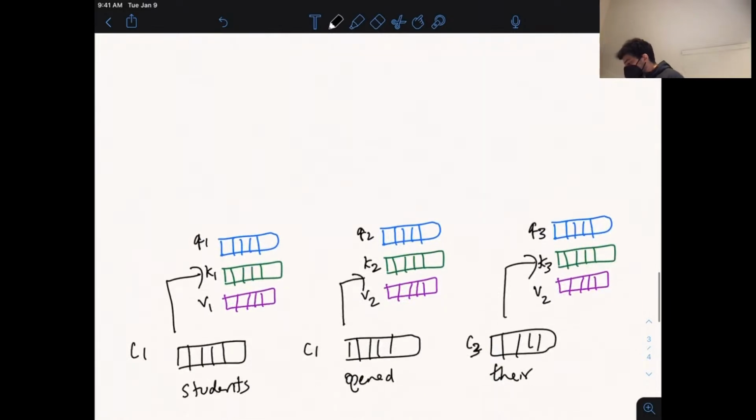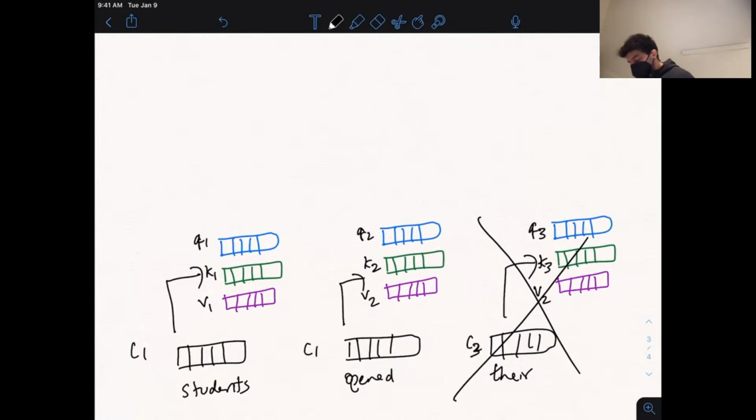So here, my goal is to compute a representation of the prefix "students opened" and then predict the word there. So in doing so, I don't want to use any information about this position, because it already has the word that I'm trying to predict in it. So I can only use these previous two positions to compute the attention weighted average.